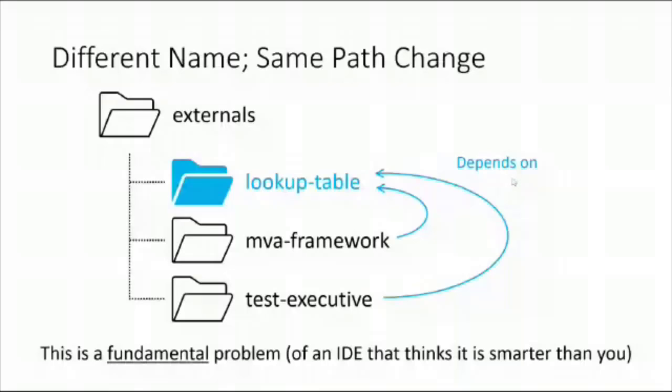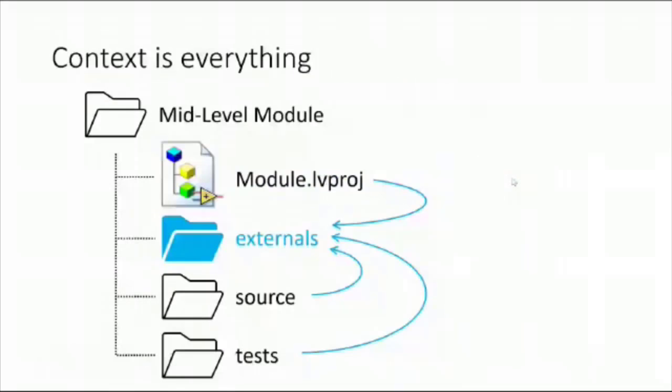So context is everything. I get this code on disk. I put in my dependencies and externals. I recompile them so that they are correctly linked and claimed by this project. Source depends on those externals. Tests depend on those externals. Those externals are claimed in the project file.